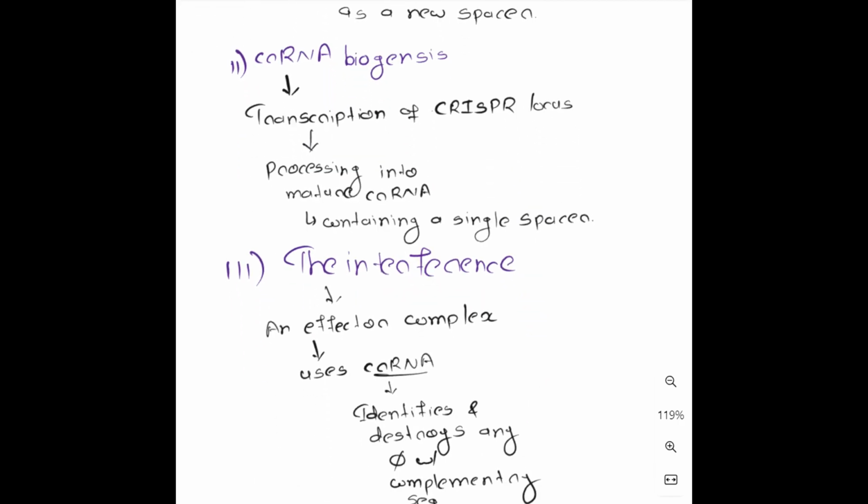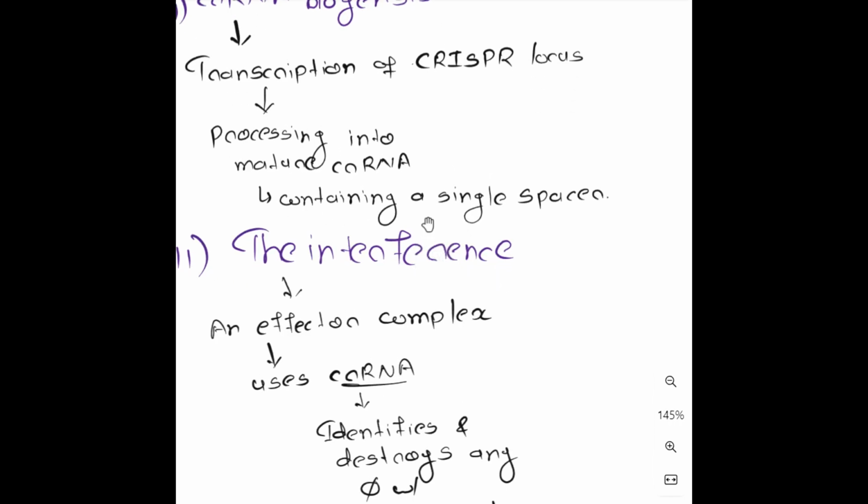In the cRNA biogenesis or expression stage, the CRISPR locus transcription occurs often as a single pre-cRNA and subsequently it gets processed into mature cRNA that each contain a single spacer.